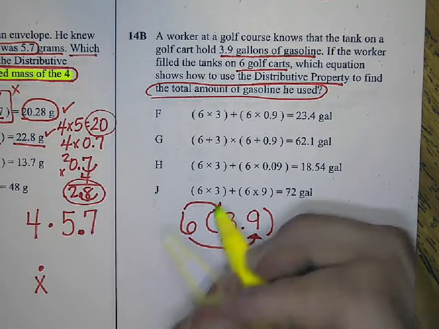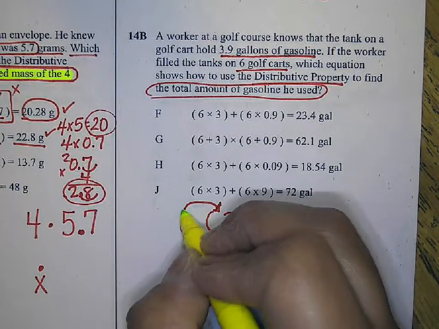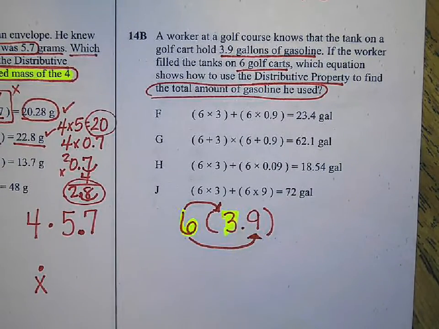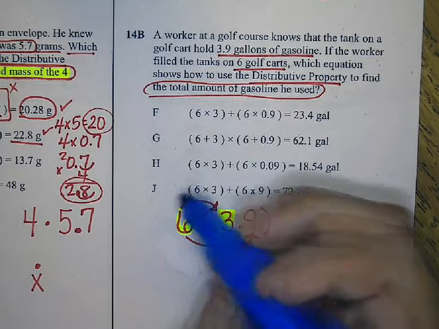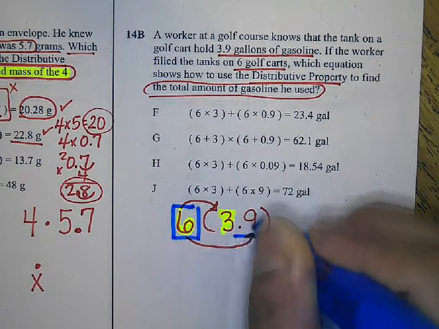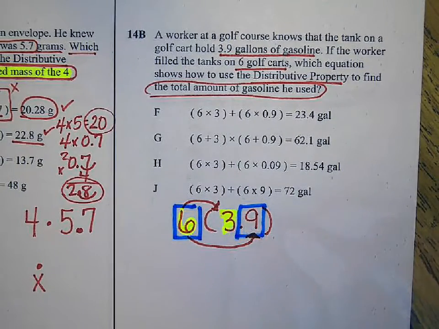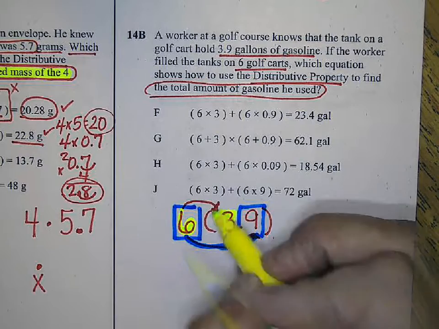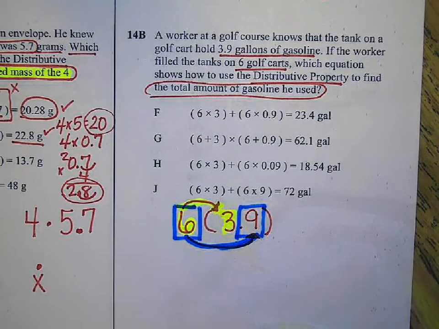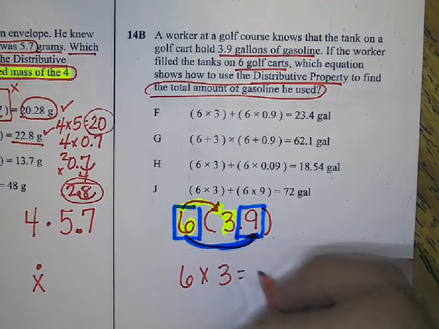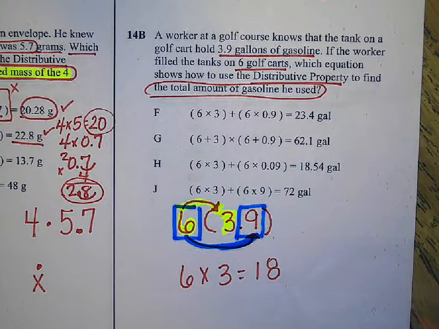First I do 6 times 3, and then I do 6 times 0.9. Okay, and we go in order. 6 times 3 is 18.